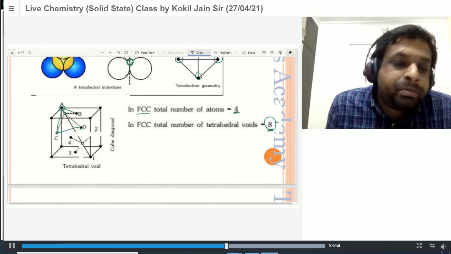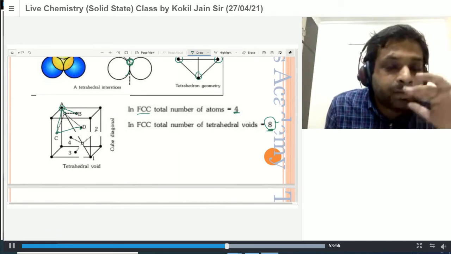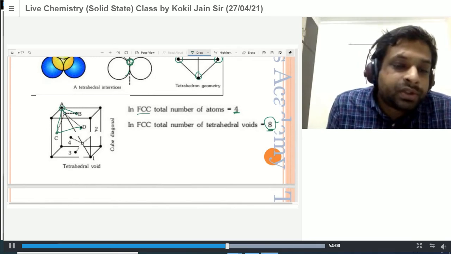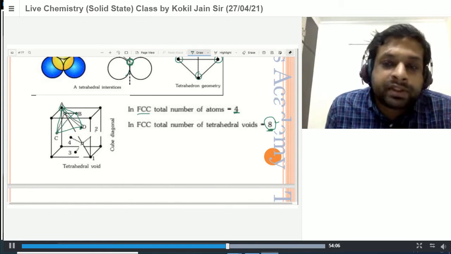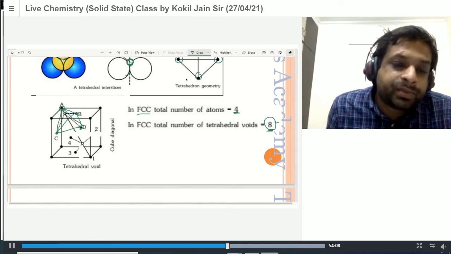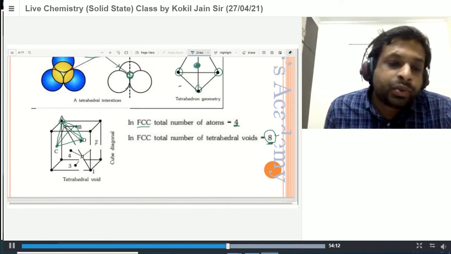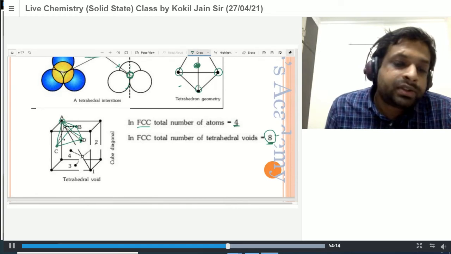This is B, which is the face center for the top portion of the cube. So this is how this arrangement is going to look, exactly like the tetrahedron geometry. In this tetrahedron geometry only, we are going to see this single tetrahedral void.